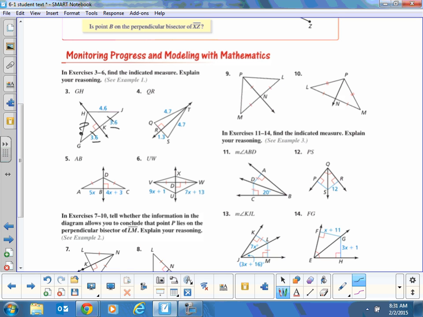So yes, GH is 4.6. So that's all you have to write on that one. You get your book open so you can see the problems in there. QR, equal distance, must be a perpendicular bisector, so it must be bisecting QS, so QR must also be 1.3.